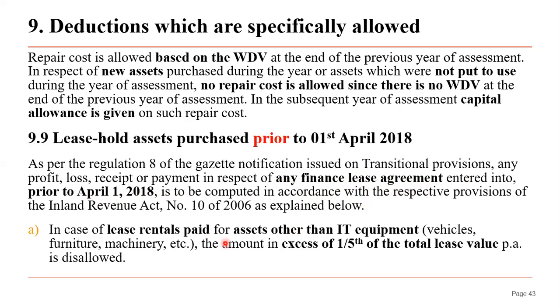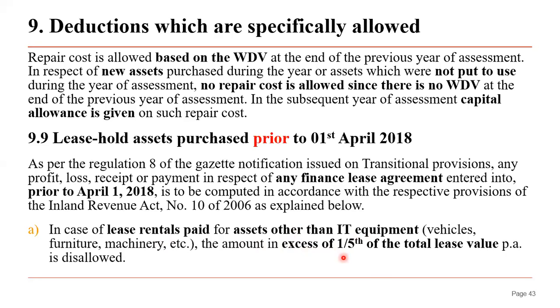Then what is the provision they say? In the case of lease rental paid for an asset other than IT equipment, and other than IT equipment means what? Vehicle, furniture, machinery, etc. For any asset other than IT equipment, the excess of 1/5 of the total lease value per annum is disallowed.